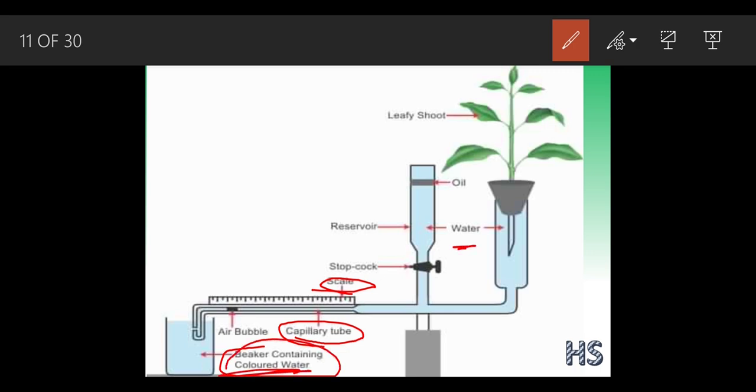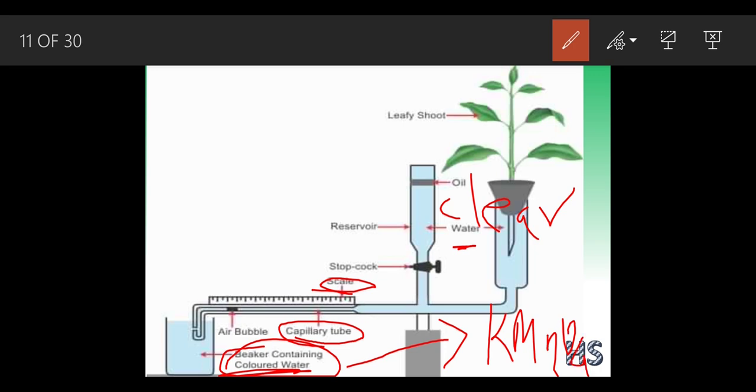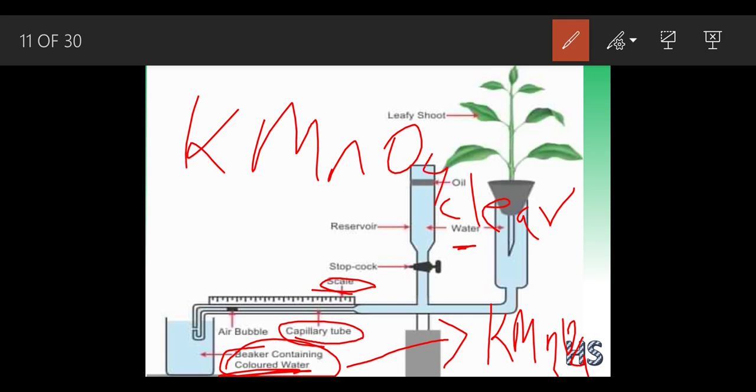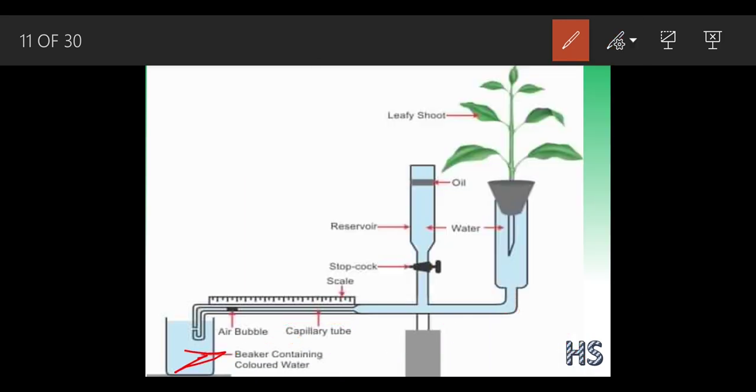Here the water was clear, but here the water was colored. Let's assume we have inserted potassium permanganate. What is the formula of potassium permanganate? KMnO4. Because of this the water got red. Actually it's not red, it should be pink. This water became pink. This is the colored water.